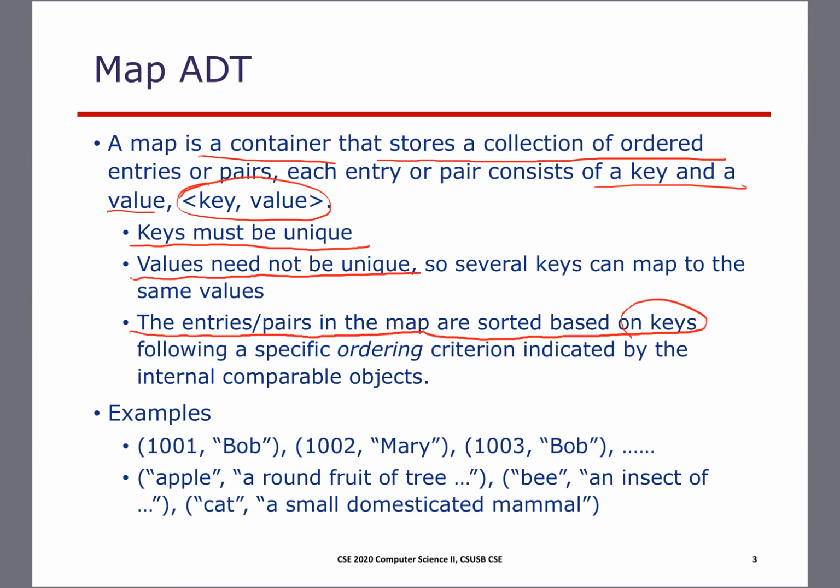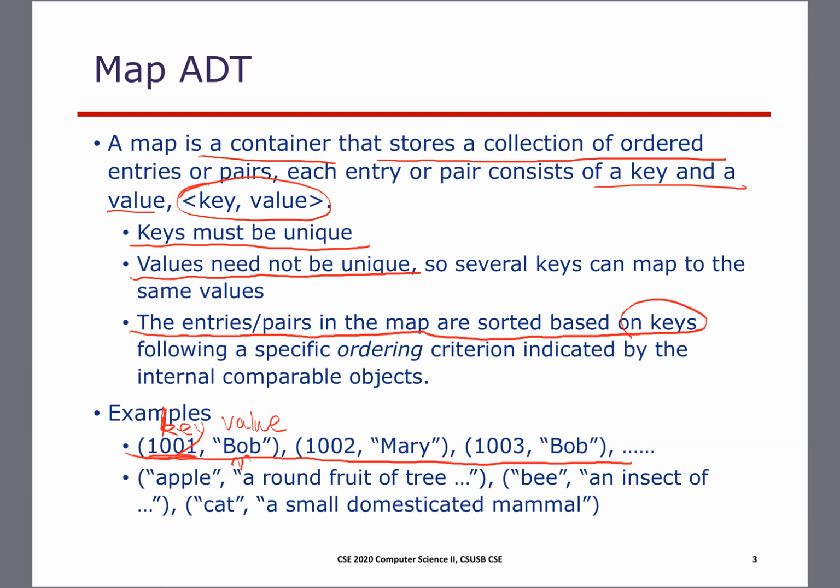So for example, here we have these entries or pairs. For this entry, the key is a student ID, and the value is a student name. Here, the keys should be unique, and every student should have a unique ID. But the names don't have to be unique. Different students have different IDs, but they can have the same name.